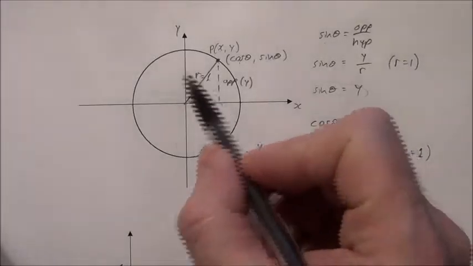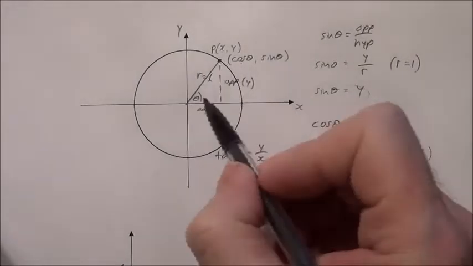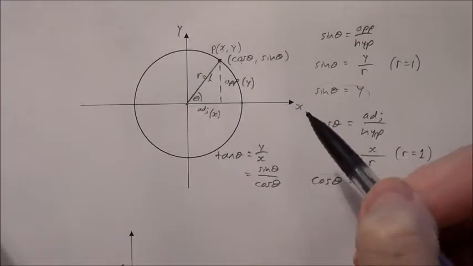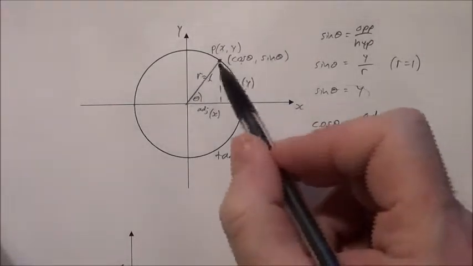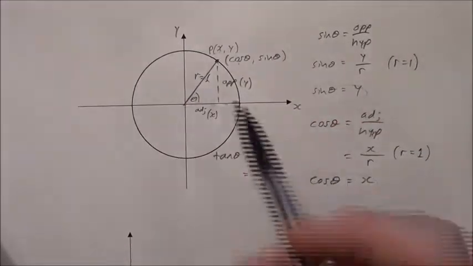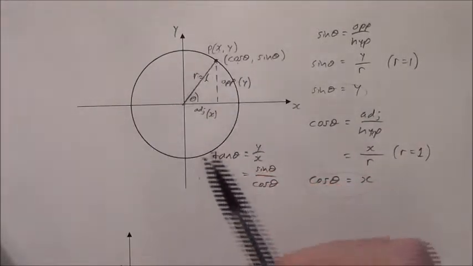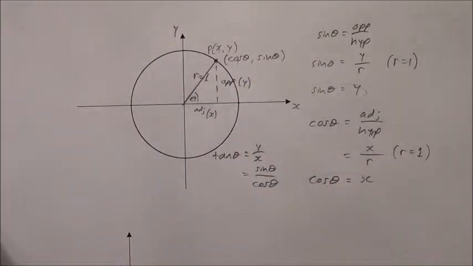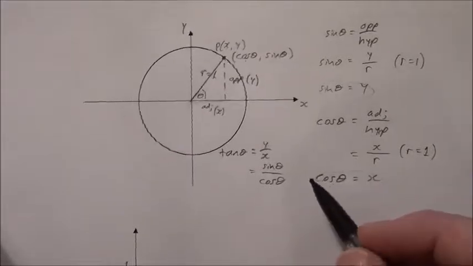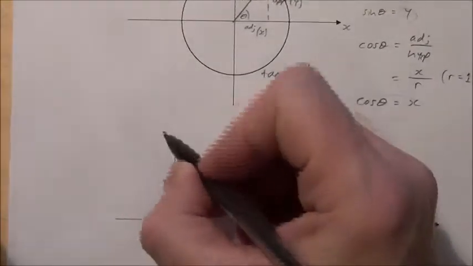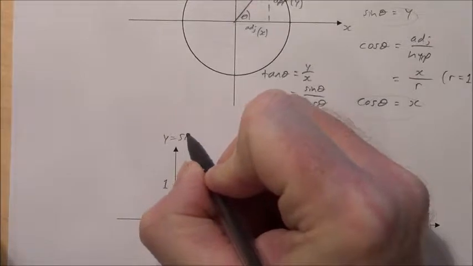So because the entire circle is 2 pi radians, and each radian is 1 second it takes to rotate, then if it rotates 2 pi radians around, it's going to take 2 pi seconds to go around the entire circle. So the y is sine theta.